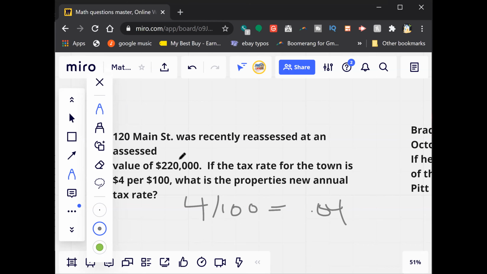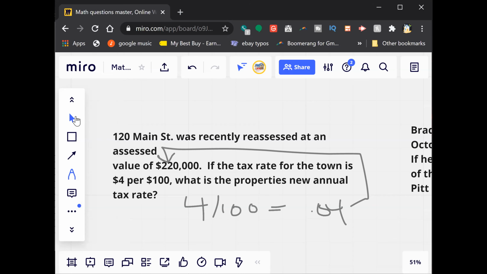And then you just have to multiply it by the 220,000 and boom, there you should get your answer. So 0.04 times 220,000 is 8,800, okay? 8,800. Do you guys see how we did that?